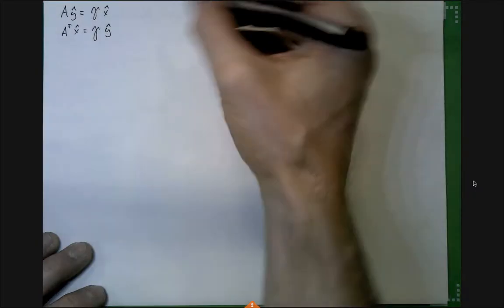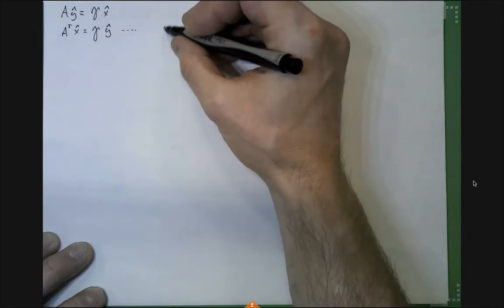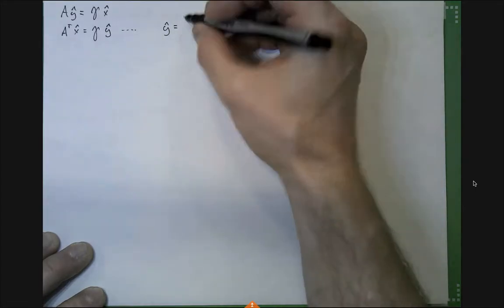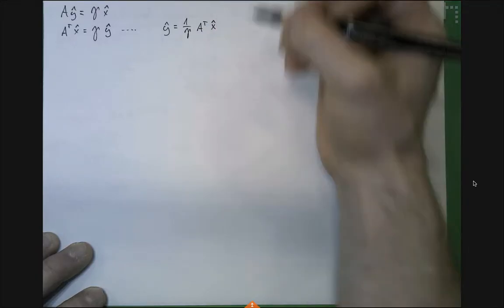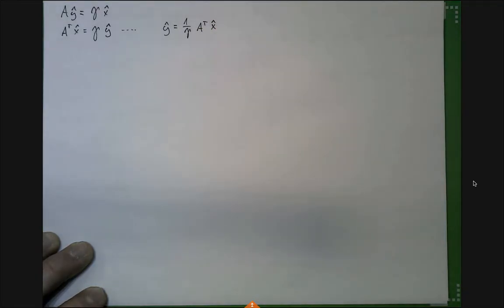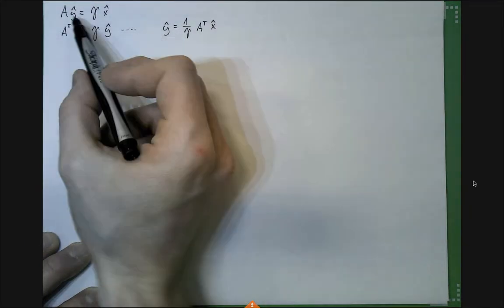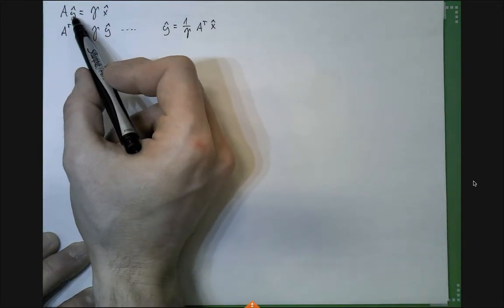Well, for example, I will express from the second equation what y hat is, right? So y hat is just 1 over gamma A transpose x hat, nothing terribly special there. And I plug this y hat into the first equation, right? I can totally do that.